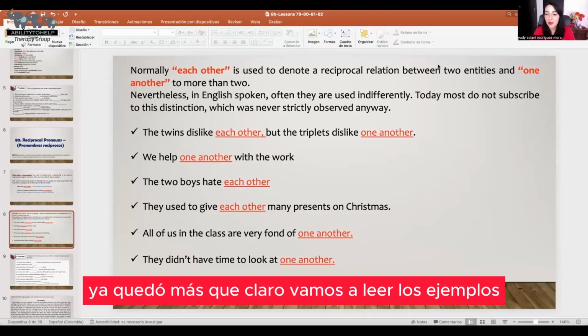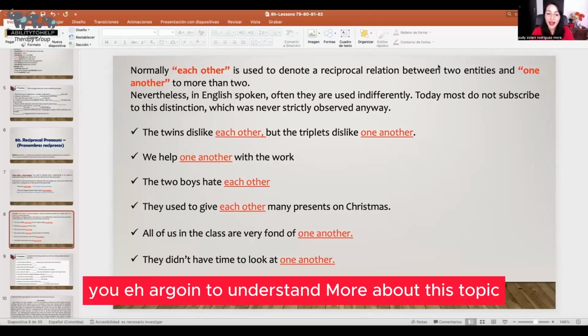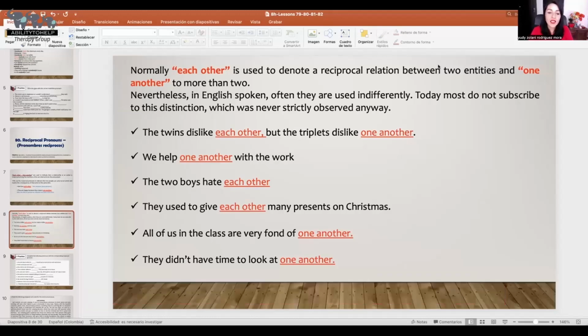Let's read these examples. I know you are going to understand more about this topic. The twins dislike each other. I write each other because twins are just two.